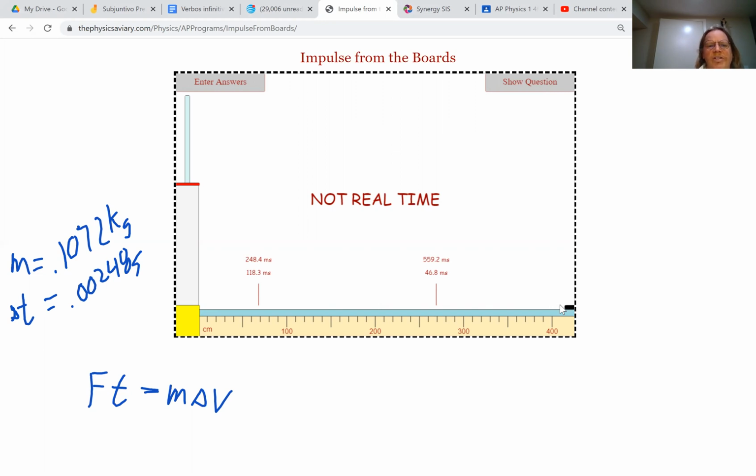So I have to find my change in velocity. So remember, change in velocity is my final minus the initial. So sure, that's the mass, 0.1072 kilograms.